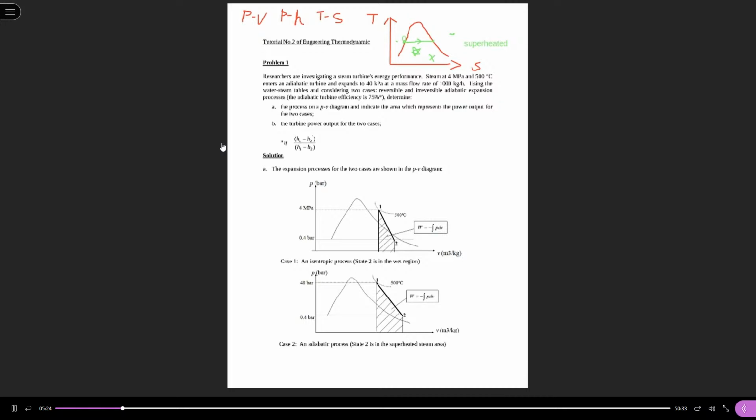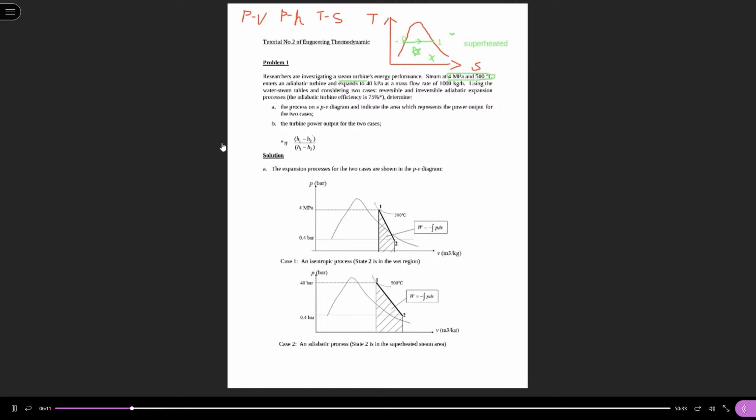Now let's read question number 1 first. It is about a process in a steam turbine. Firstly, we want to know where the steam is if it is at 4 megapascal and a temperature of 500 degrees Celsius.